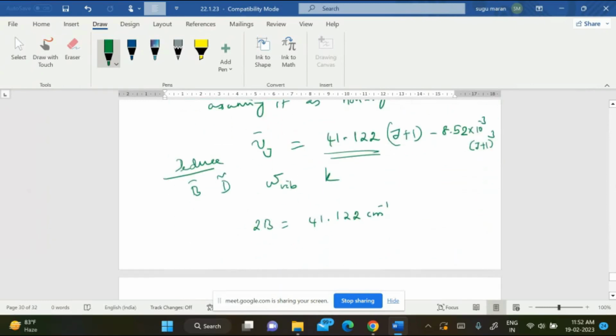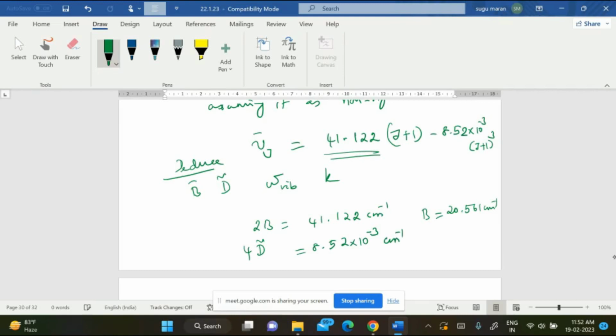So from this, you can find out my B value, which is nothing but 20.61 centimeter inverse. Likewise, 4D bar is 8.52 times 10 to the power minus 3 centimeter inverse. So from this, I can find out my D value, which is 2.13 times 10 to the power minus 3 centimeter inverse.